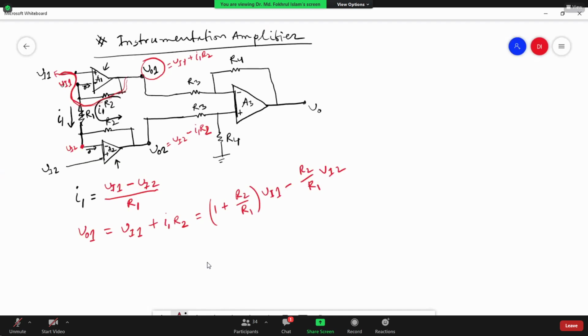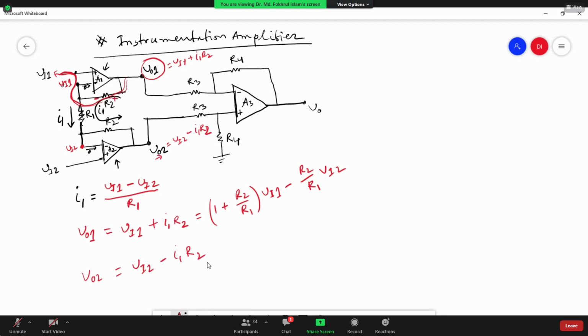Similarly, we can write V02 as VI2 minus I1 R2, because we usually consider the current entering the node as positive and outgoing as negative.